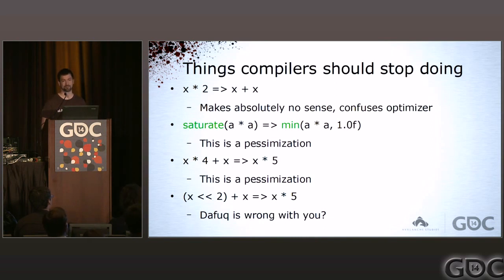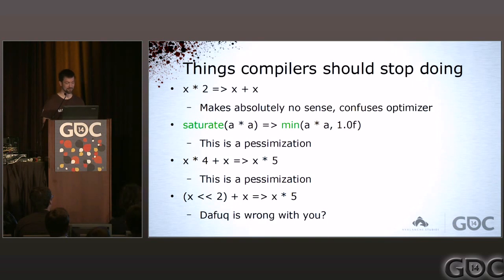It's harder for the optimizers to actually use the output multiplier and the special values that it has. Another thing the FXC compiler is doing is turning, in some cases, a saturate into a min, and it just adds one instruction. That's because it's not treating saturate as a first-class citizen. It treats it as a min and max, then optimizes away the max, and suddenly you have only the min in the end, and that actually slows down your code.